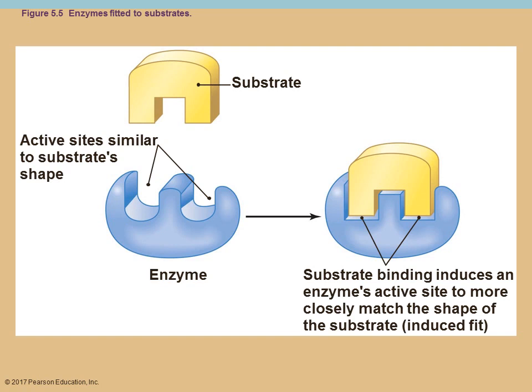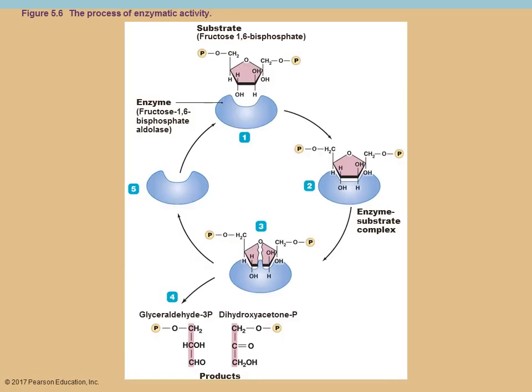But if it does fit into that keyhole, if you will, then you're going to have binding and the reaction is able to occur. Is the enzyme altered? Is it used up in the reaction? No, it is not. That's one of the properties of a catalyst.